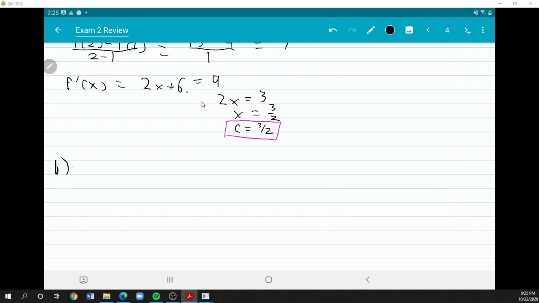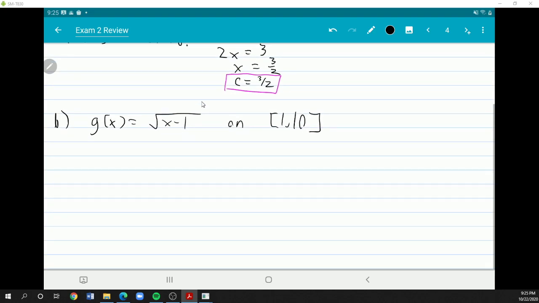Part B, we have g of x equals root x minus 1 on the closed interval 1 to 10.